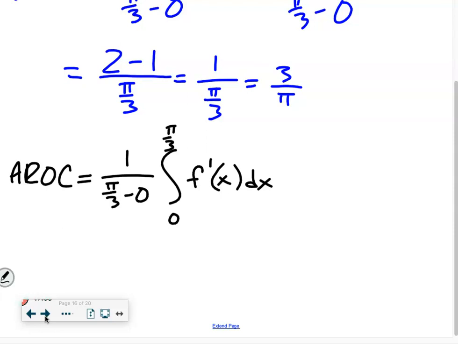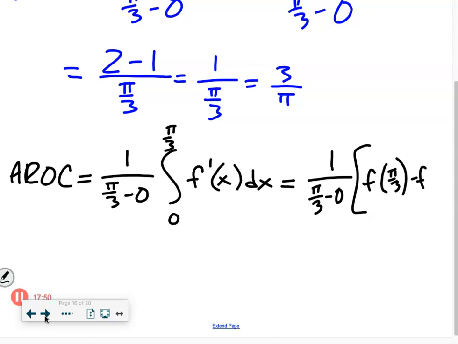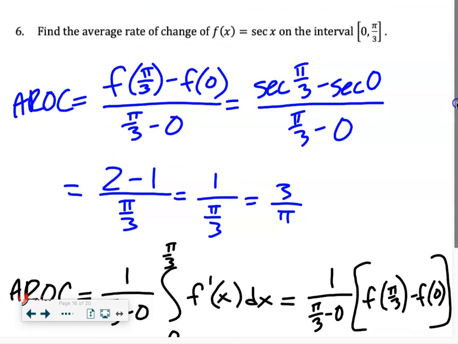But anyway, by the way, what's the antiderivative of F prime? It's F, right? So this is just F of pi thirds minus F of 0, which just takes you right back to the original formula. So you're going quite roundabout to do the same thing that we started with, right?